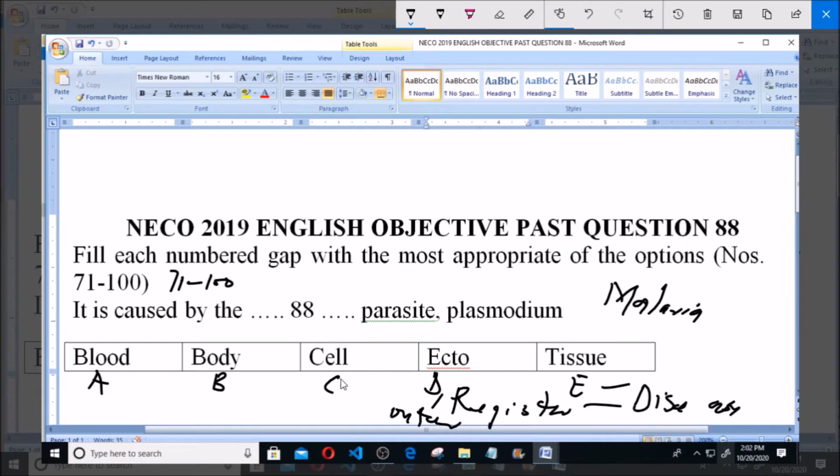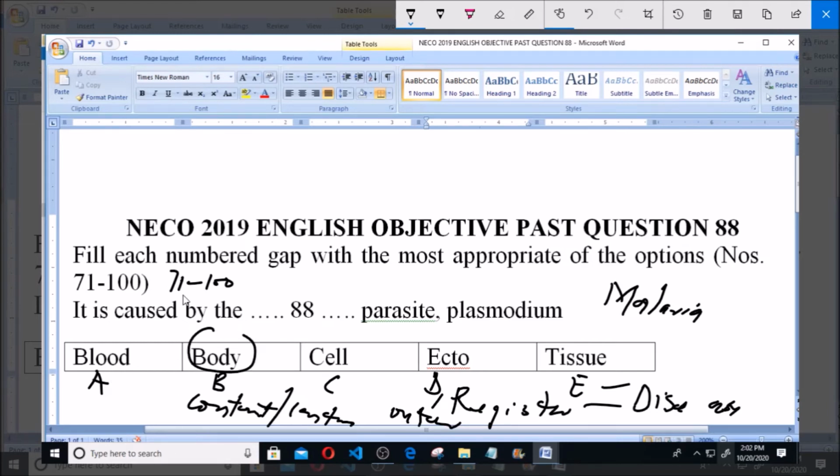Then cell, we all know what cell is, which is the smallest unit of a living organism in the body. Then the body is like the content or human container. So we know that every other thing that we have mentioned, option A, option E, option D, option C, even option A, is the content of the body.